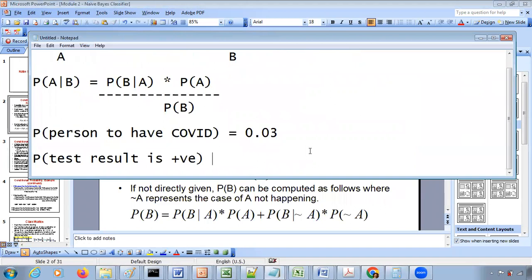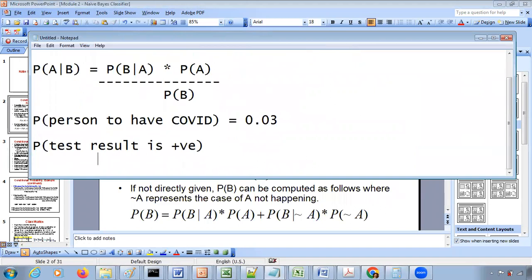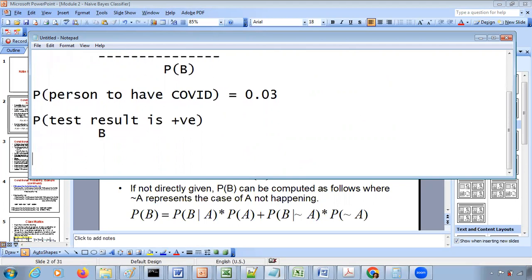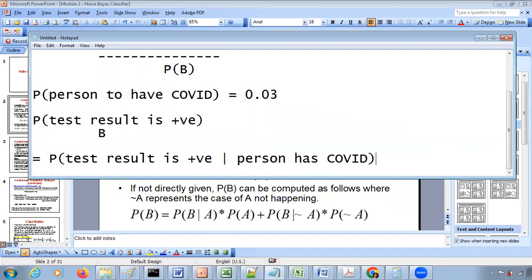So the probability of the test result, that is B in this case. The probability that the test result is positive equals the probability that the test result is positive given that the person has COVID, which is A, times the probability the person has COVID.